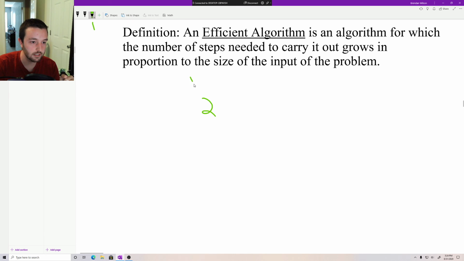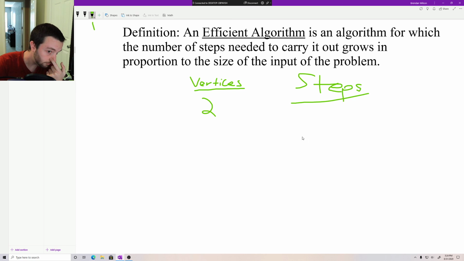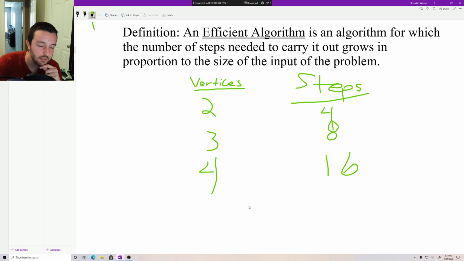Let's say 2 vertices. Okay, vertices, steps. 2 vertices, let's say there's 4 steps. 3 vertices, there are 8 steps. 4 vertices, there are 16 steps, and so on.